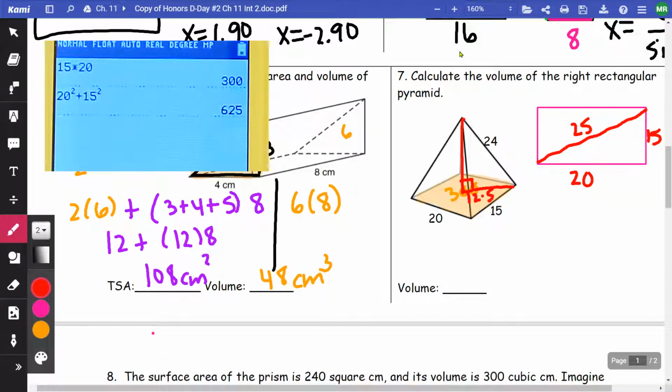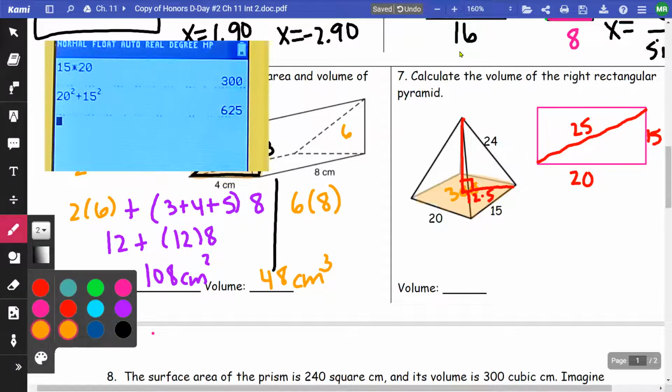So right now I have this triangle. I want to find that height. I know that I have a 12.5 here, and this 24, I know. And so I'm going to do Pythagorean.